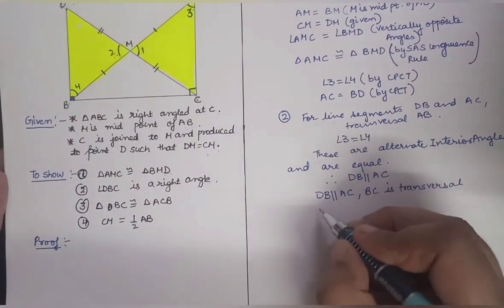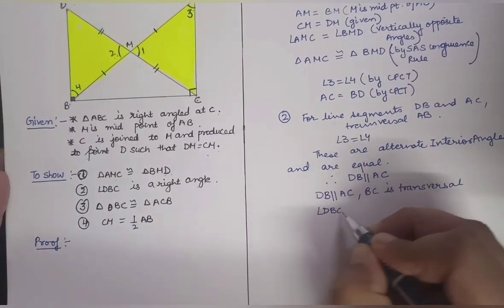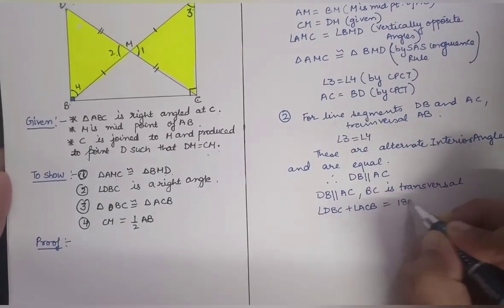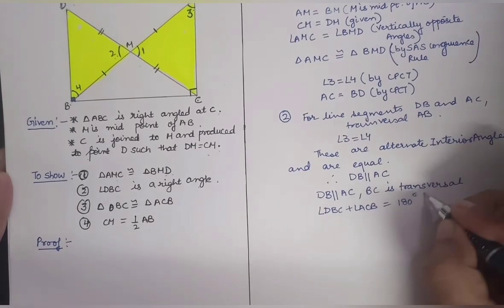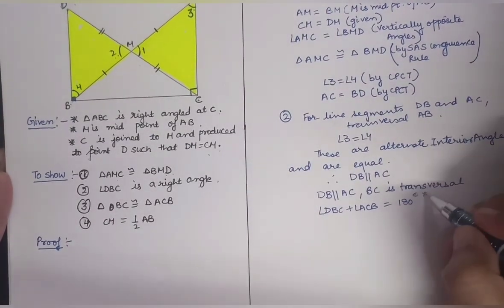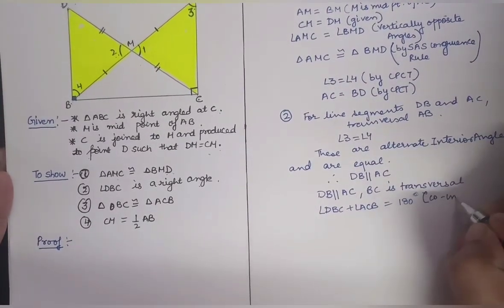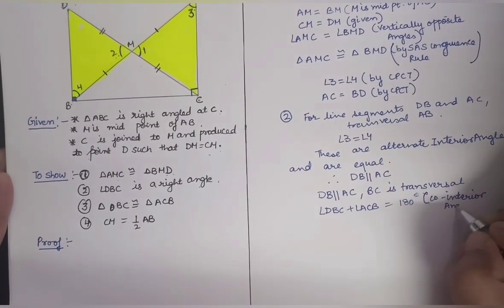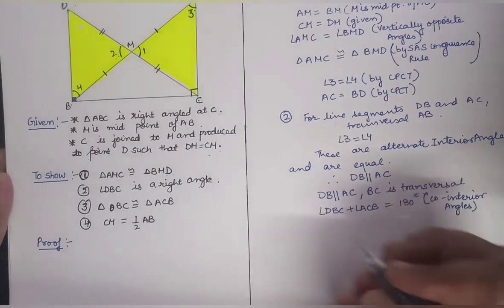So I can say angle DBC plus angle ACB is equal to 180 degrees. That is, they are co-interior angles, that is consecutive interior angles, and we know consecutive interior angles are supplementary.